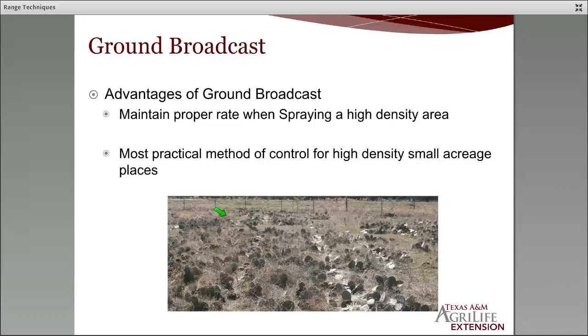However, if we were to treat an area like this, let's say a 5 to 10 acre prickly pear patch, with a ground broadcast application, it's very practical, and we can also maintain the proper rate while we are spraying.